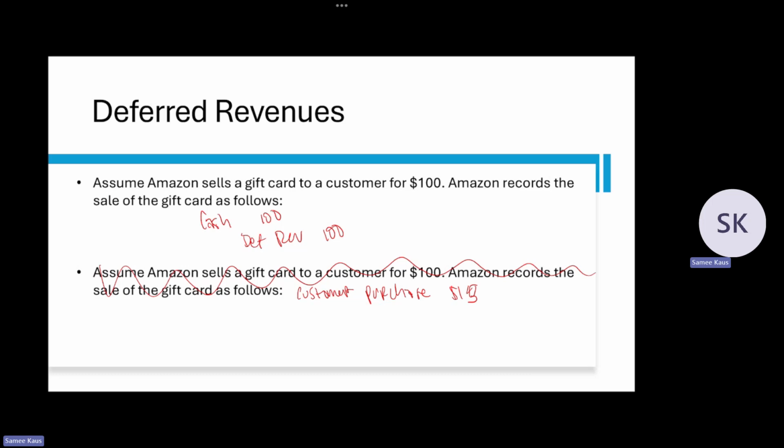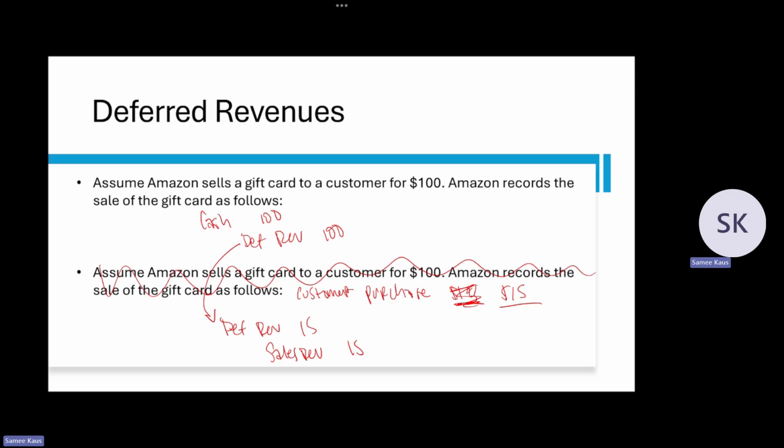I'm in the market for some mixing bowls, so I'm going to go purchase some mixing bowls with my gift card that my mom gave me. So now when I actually purchase my mixing bowls, I'm backing $15 off, and Amazon gets to recognize the actual sales revenue, because they're not obligated to provide me those $15 anymore. They're fulfilling their obligation.